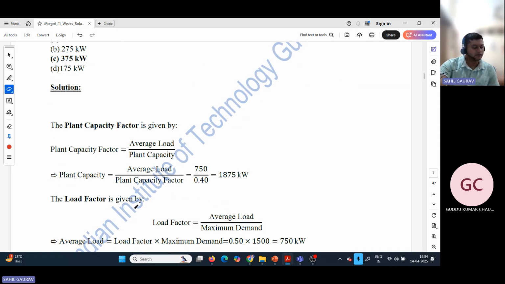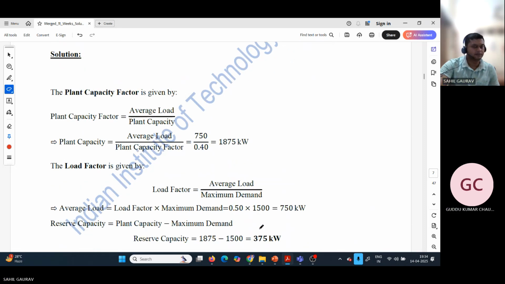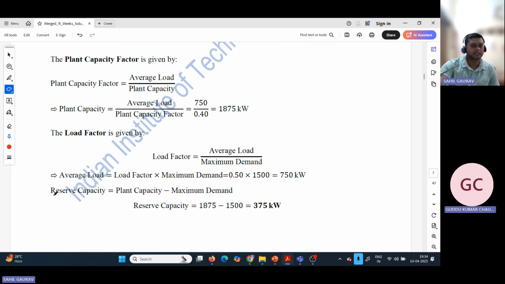So from there you can find the maximum plant rating, and from the load factor you will get the maximum demand. So now the reserve capacity is plant capacity minus maximum demand.